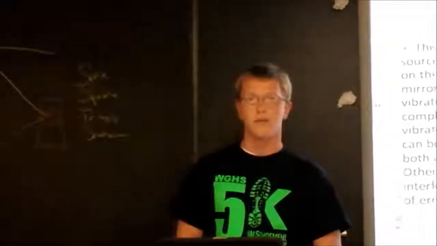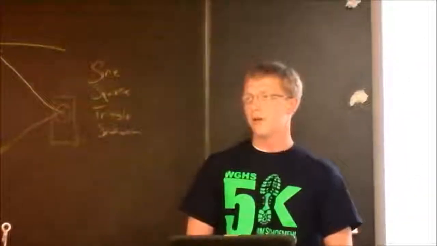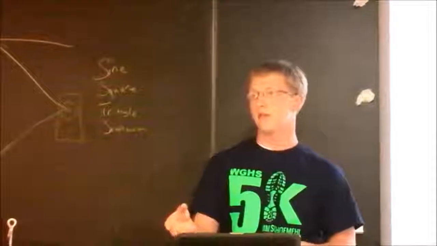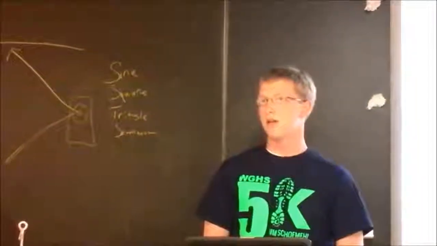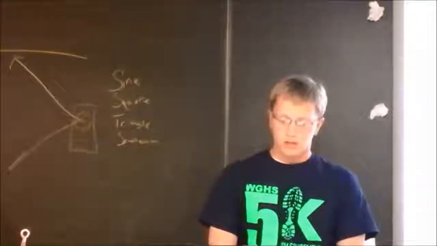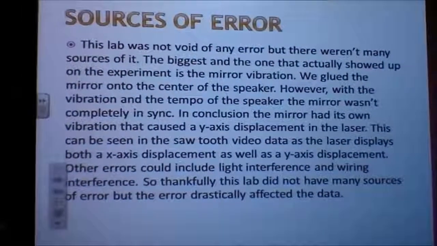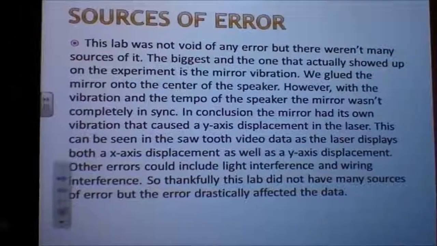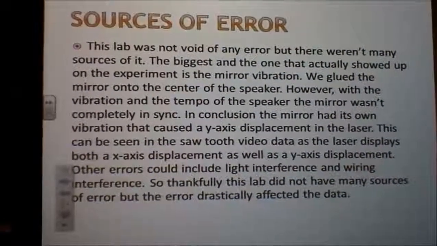Obviously, if we added a second speaker, it would be a parametric equation, adding another wave function, and we could have gotten numerous designs and displacements. As for sources of error, with the mirror, the biggest problem was we used wood glue or something like that.